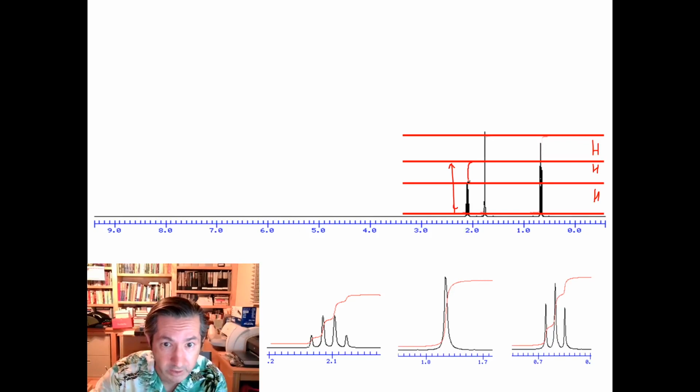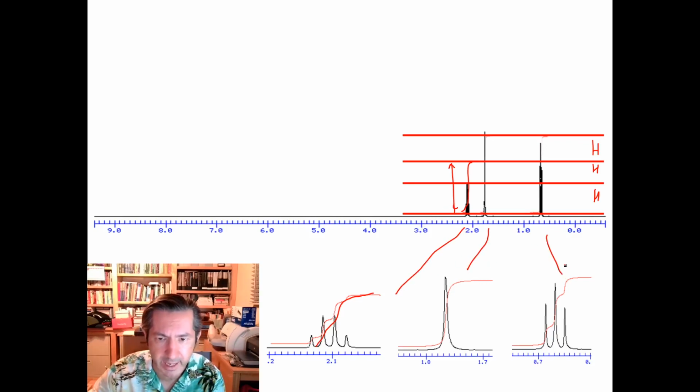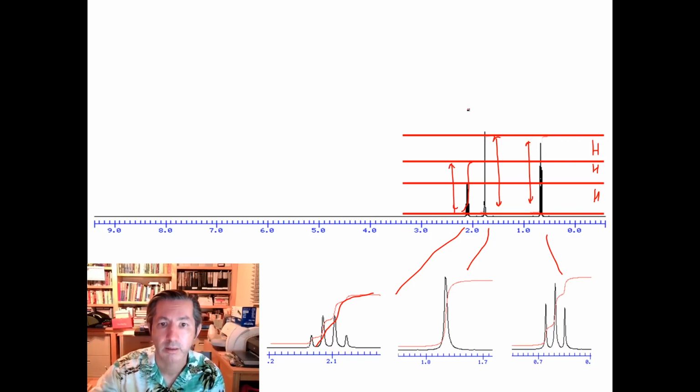The integration line actually starts up here. And you can see it in the expansion down below. This signal is this guy, that's that one, and that's that one. And these 2 signals are up here. So this is a 2 to 3 to 3 ratio, which is the same as 4 to 6 to 6.